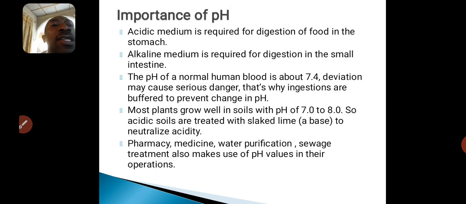Now, what is the importance of pH? We should look at some of these importance. Acidic medium is required for digestion of food in the stomach, and that is why God even made hydrochloric acid to be part of the solutions in the stomach.